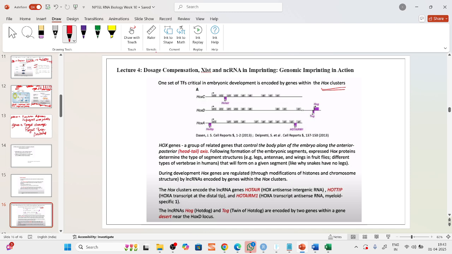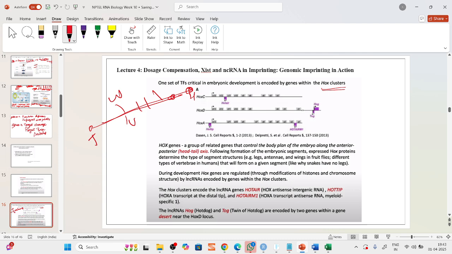So what happens is that this is the axis plane of any organism. Hox genes will decide that this particular part will be your head, this would be your tail, and here would be your wings. Whatever the segmentation is, it is done by Hox genes.